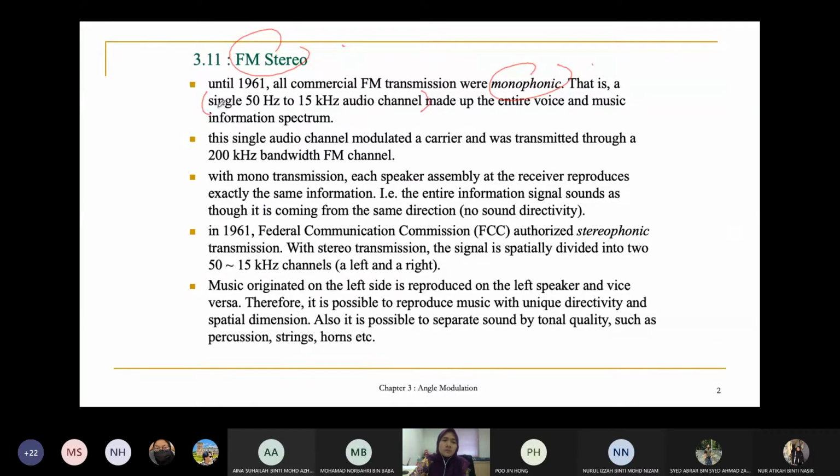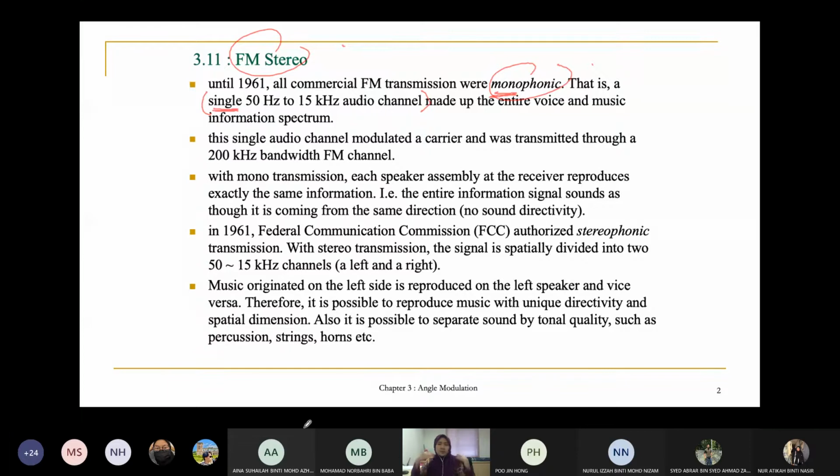So you only use a single audio channel, that is why we call it monophonic. Mono is single, mono is one. The single audio channel modulated a carrier and was transmitted through a 200 kHz bandwidth FM channel.